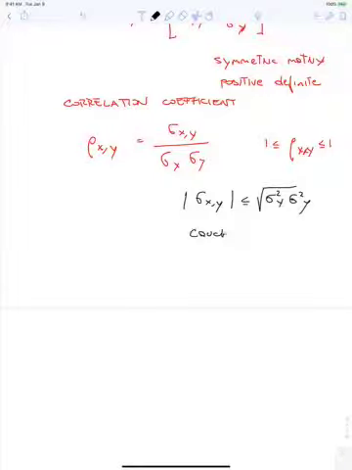This can be proven using the Cauchy-Schwarz inequality. I never remember how to spell Schwarz. So this is less than sigma x times sigma y.